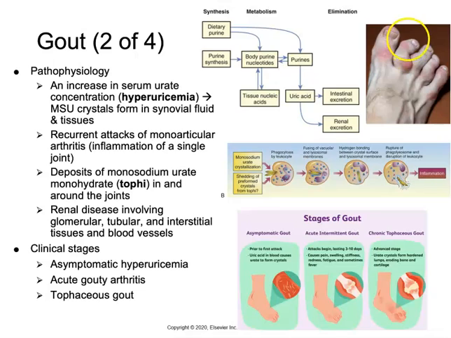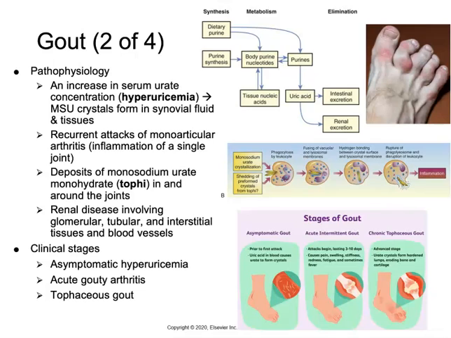And there can be recurrent attacks in monoarticular arthritis, where it's just one joint that is always attacked, but other times it can attack multiple joints. And we can also see that this can lead to renal disease involving glomerular, tubular, and interstitial tissues and our blood vessels.